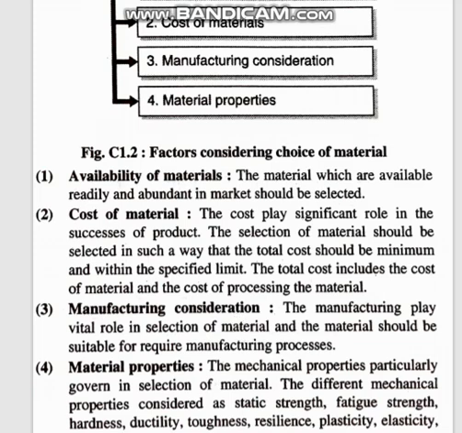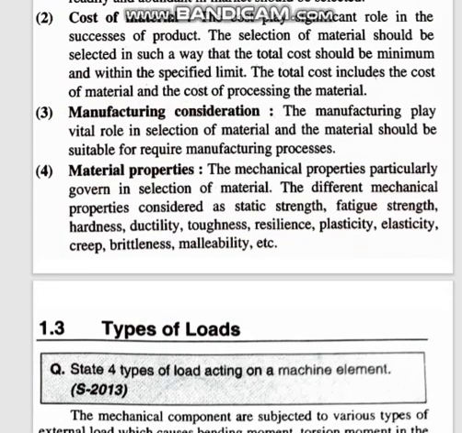Then another very important thing is the properties of the material. Each component that we are making will undergo certain forces, and certain stresses will be induced in it. So the material that we select should have the desirable properties.